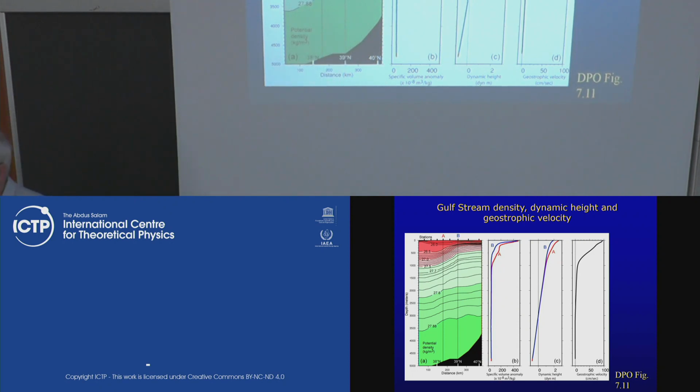So you have a strong gradient of density, which results in a vertical shear. The further you go down, the isopycnals are more or less horizontal, so the horizontal gradient of density is weaker, and therefore the vertical gradient of the horizontal velocity is weaker. So you can see here at play the thermal wind relationship, applied in this specific case to the Gulf Stream.